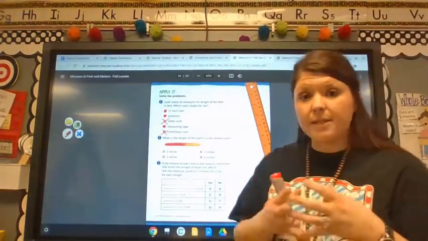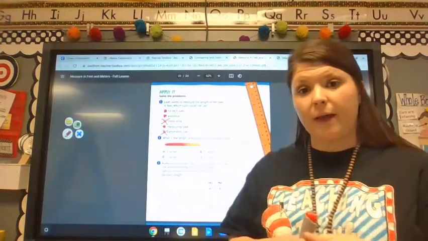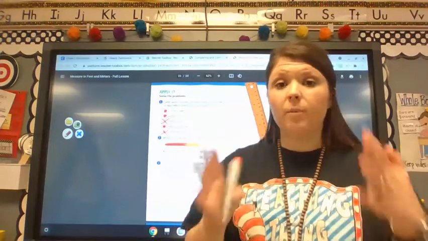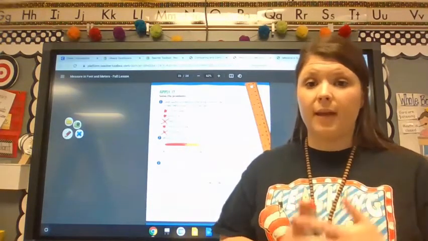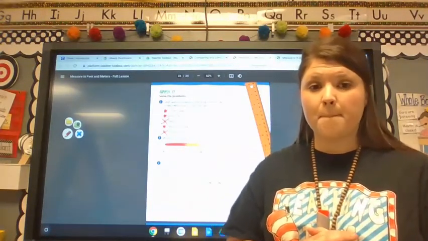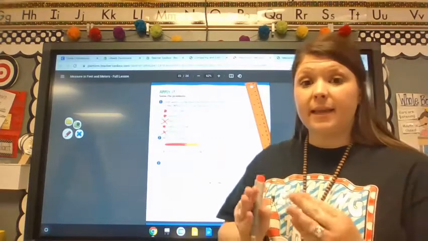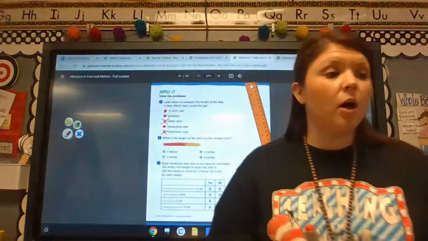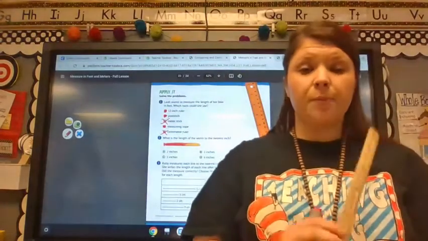All right, so we need to know how to use a ruler correctly. Remember, a ruler is a measurement tool. So where do we start all measuring tools on an object? We start at the end of the object, right on the left side of that object. We start on the 0 of our ruler.